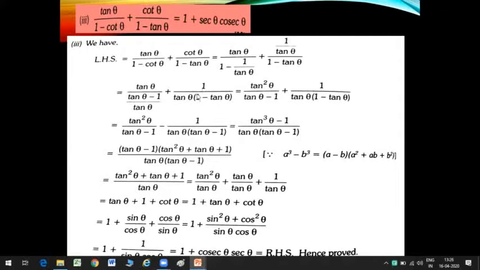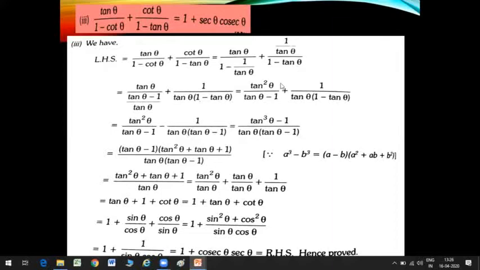So we can write 1 by tan theta into (1 minus tan theta). This is equal to, now this denominator we need to take in the multiplication, so we will take its reciprocal. So tan theta multiplied by the reciprocal of this denominator, that is tan theta by (tan theta minus 1). So tan theta multiplied by tan theta, this becomes tan square theta divided by (tan theta minus 1), plus 1 over tan theta into (1 minus tan theta).